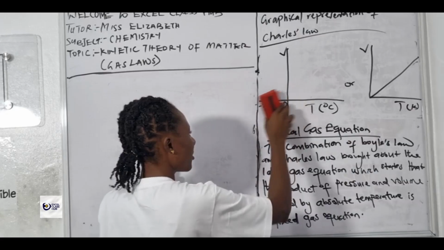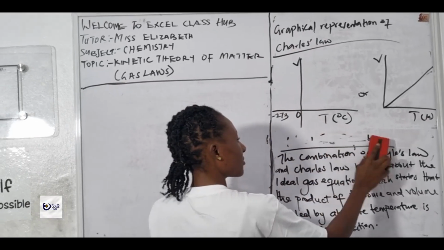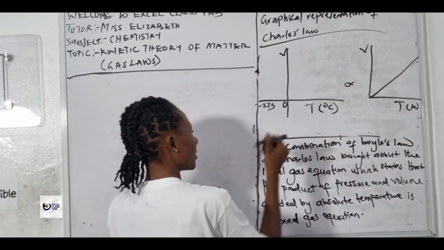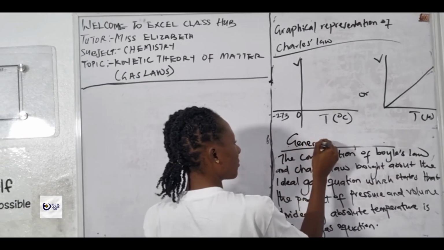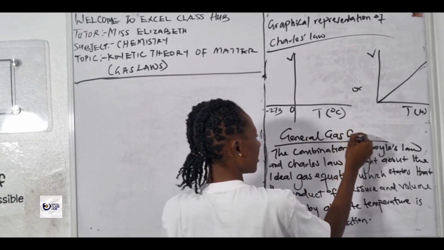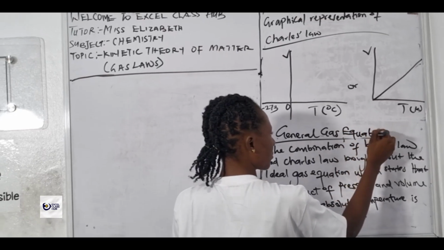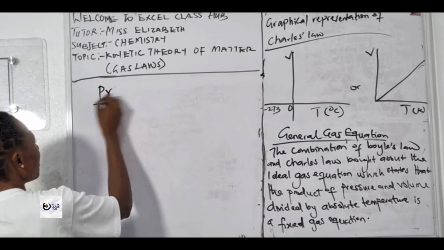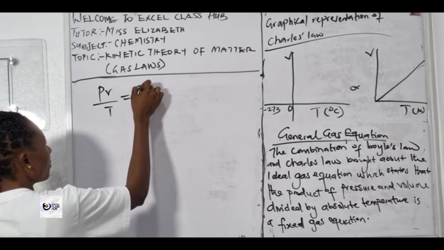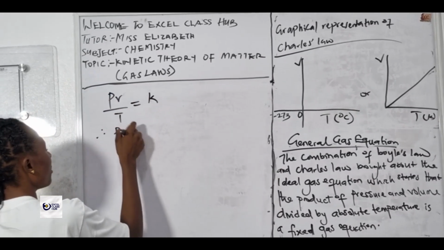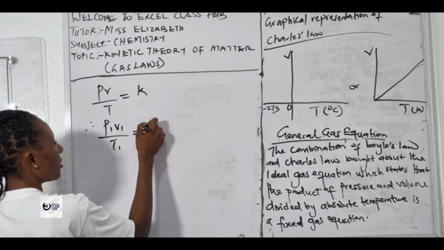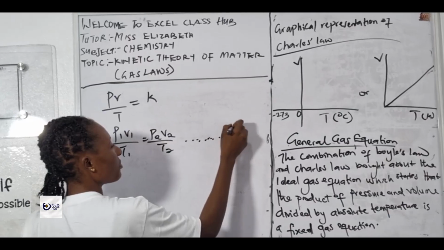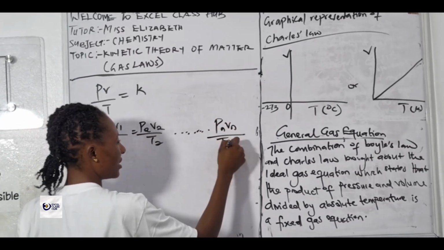Sorry, it should be general gas equation, please. So general gas equation is therefore PV over T is equal to K. Therefore, P1V1 over T1 is equal to P2V2 over T2 is equal to PnVn over Tn.